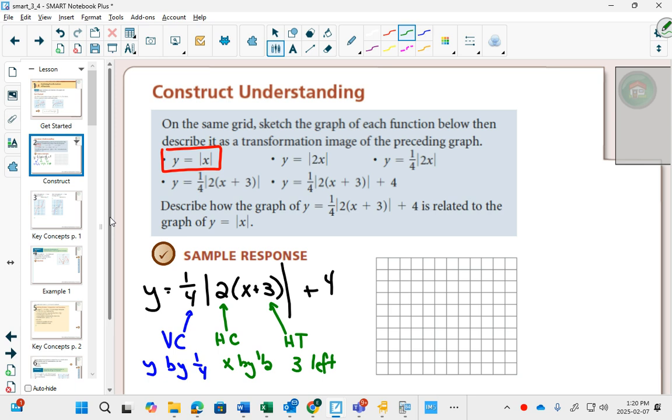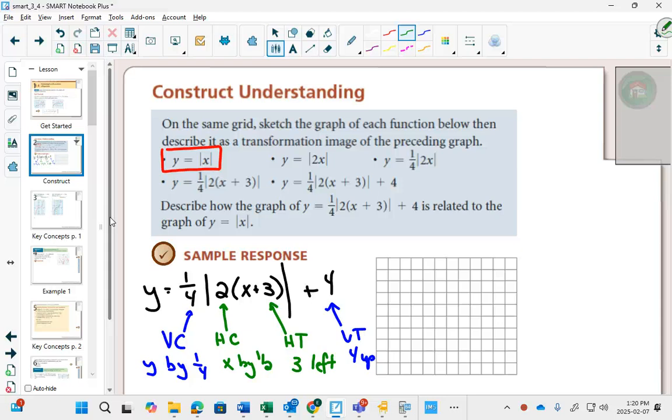Again, the x's are liars, so that would make it go 3 to the left. And then the 4 at the end is a vertical translation, 4 up. So first of all, we can look at the equation and we can describe it. And then we are going to see what this final graph looks like.